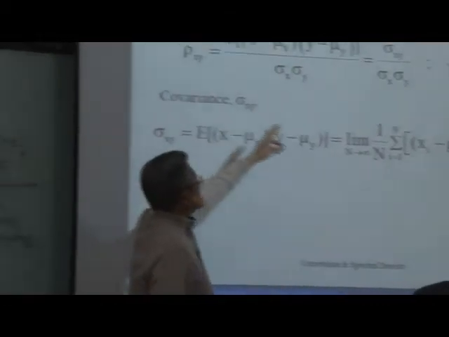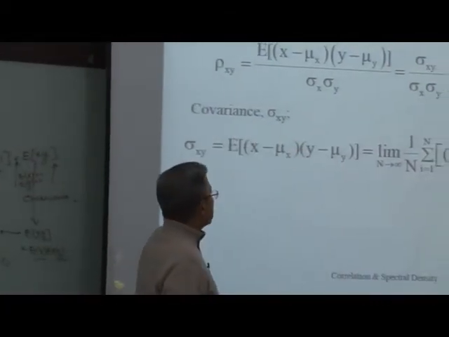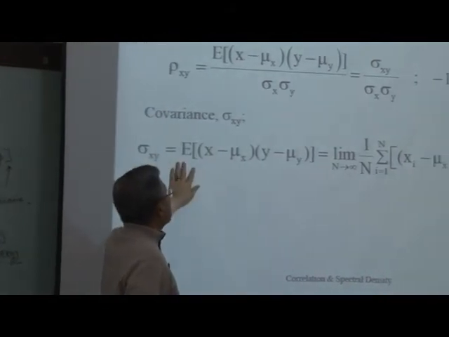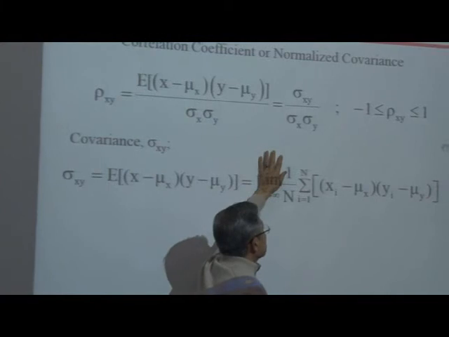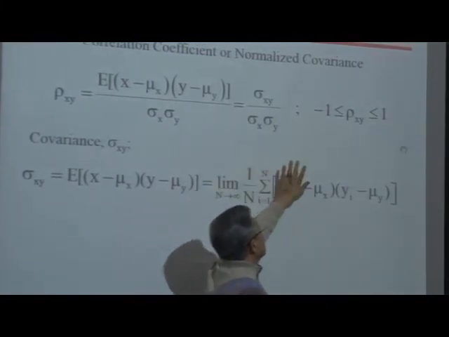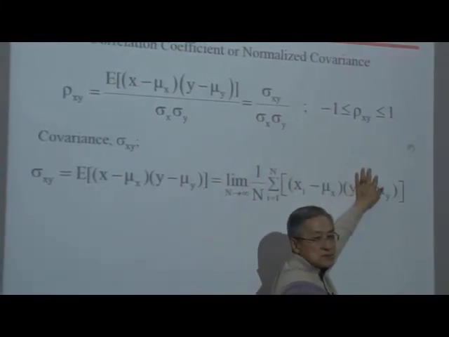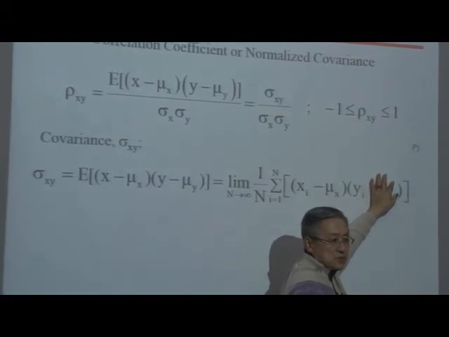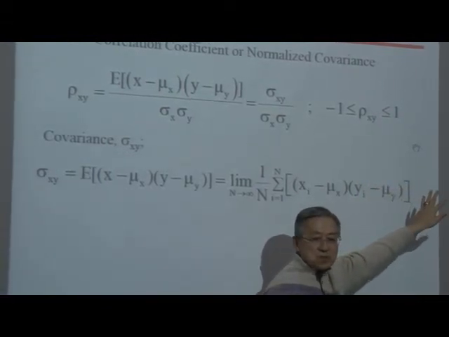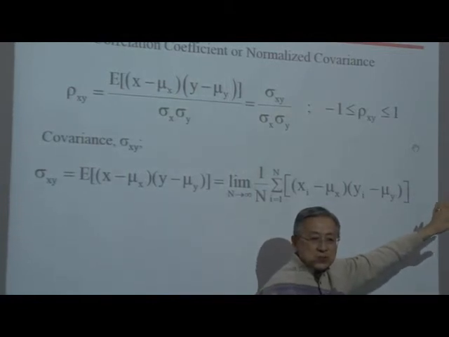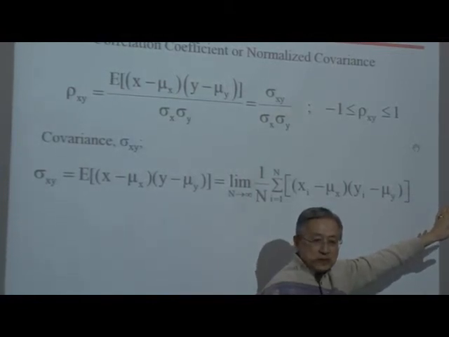But this equation set is what we have done. And this equation set is nothing new. That's what we have done. But this is new. I'm going to show you how can I say correlation coefficient ranges between -1 to 1.